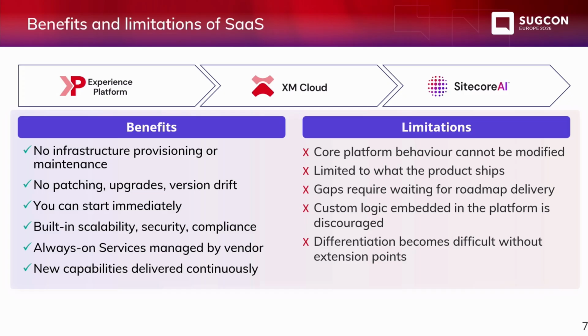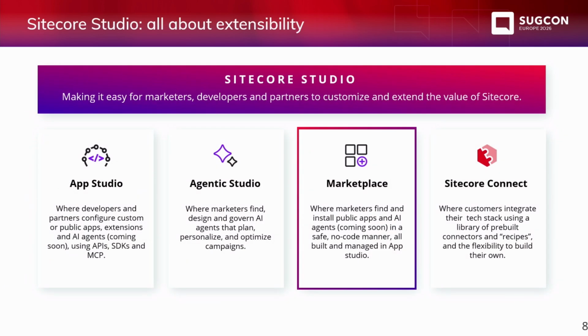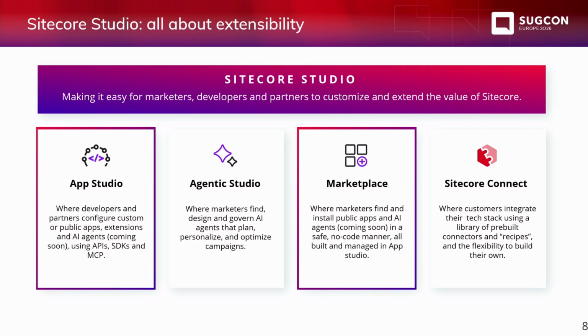And when we delivered XM Cloud initially, and also the early phase of Sitecore AI, we got many requests of we have to customize the platform because of missing features, because of gaps. And those gaps are filled partially with the studios. I will just highlight those two, the App Studio and Marketplace. That's exactly what we are talking about.